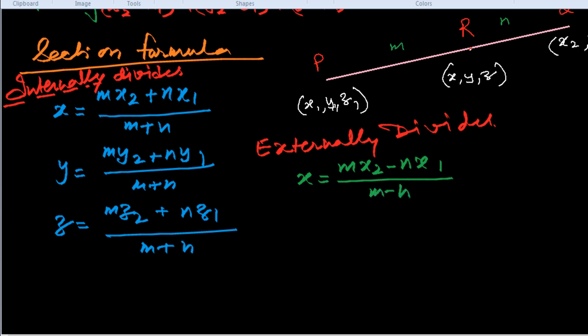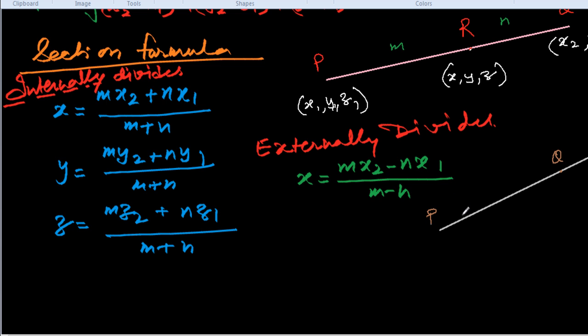I would like to explain this here in this figure. First we see how we get this. Just a moment, we have a line, we have the points P and Q here. This one is P, this one is Q, and we take a point R here.